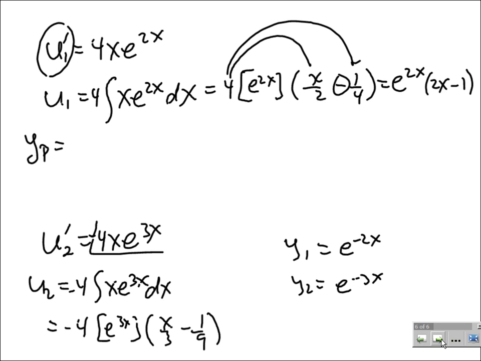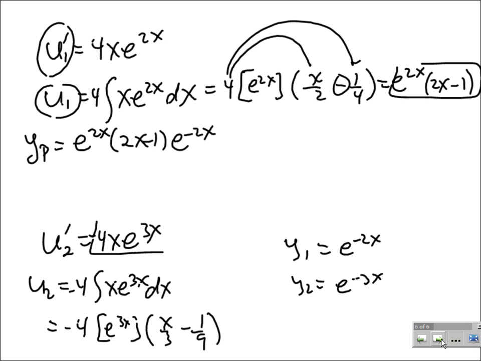Y particular is equal to u1, which is e to the 2x times 2x minus 1. u1 equal this times y1 is e to the negative 2x. Plus u2, which starts off with a minus. So it's minus 4 e to the 3x times x over 3 minus 1/9 times y sub 2, which is e to the negative 3x.